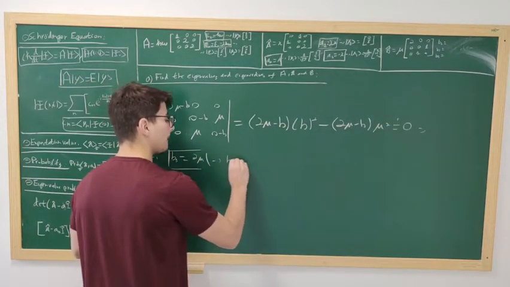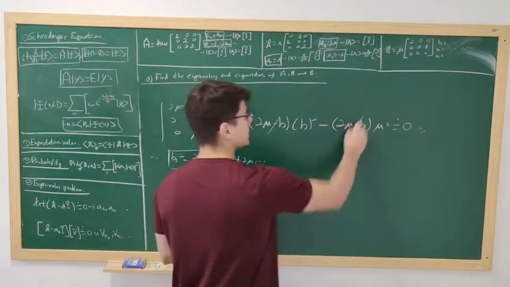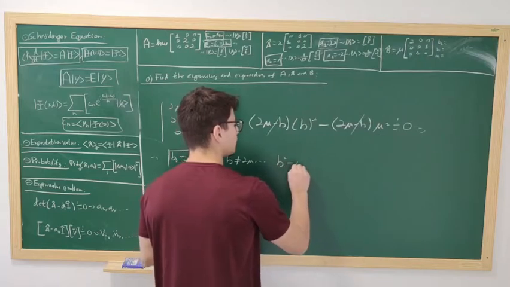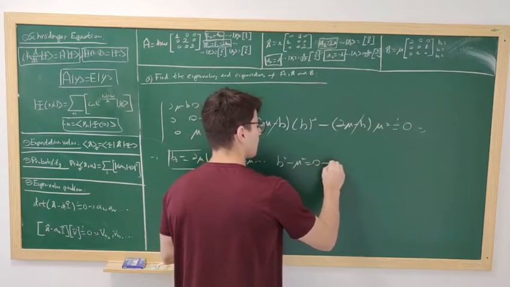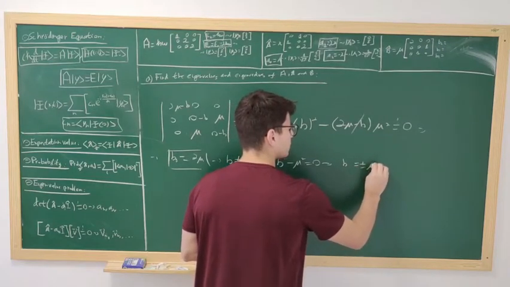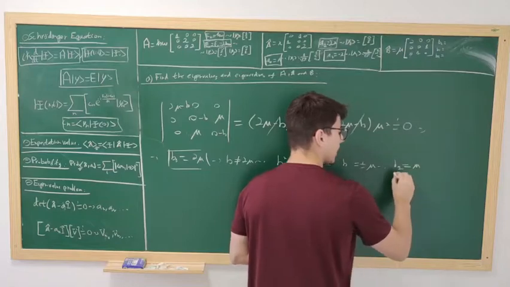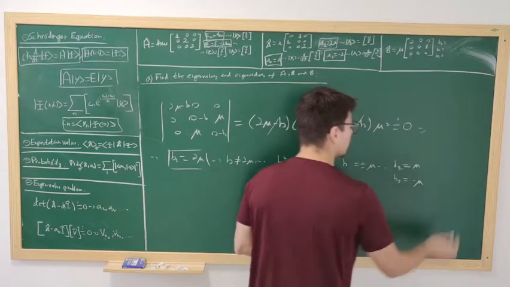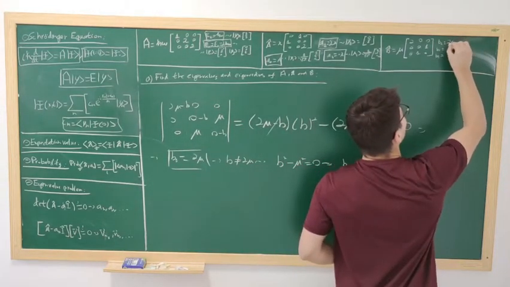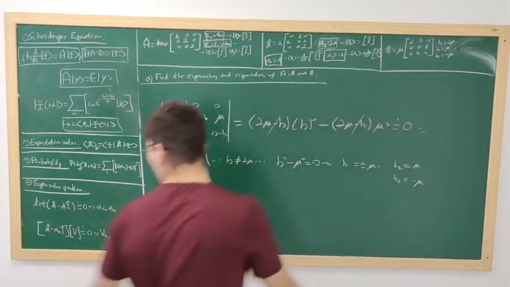If b is not 2 mu, then we can divide by this, and we have that b squared minus mu squared equals 0, which means that b is plus or minus mu, so b2 is mu and b1 is minus mu. So let's write these eigenvalues here: 2 mu, mu, and negative mu.